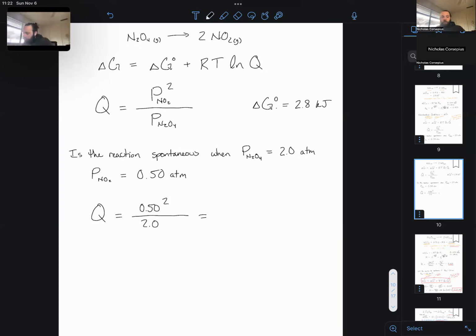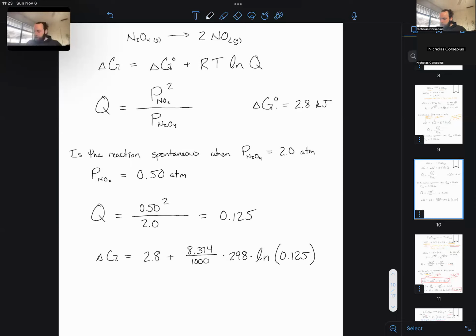So then my Q here would be 0.125, that's the Q. So now the delta G is going to equal that delta G naught, my 2.8 kilojoules, plus R, 8.314, but I've got to divide it by 1,000 to sync up my units, times my standard temperature, the 298, times the natural log of that 0.125.